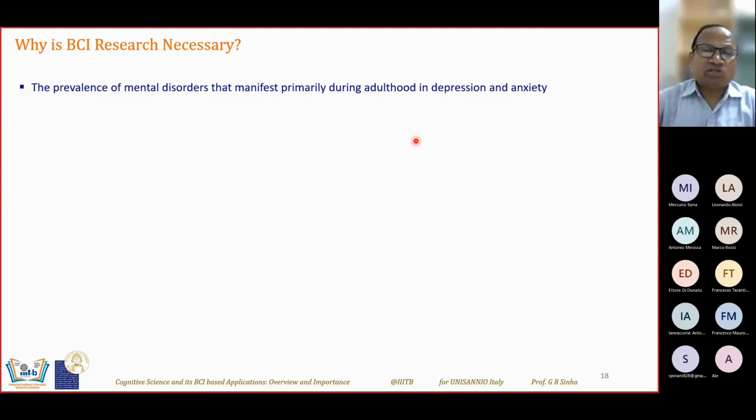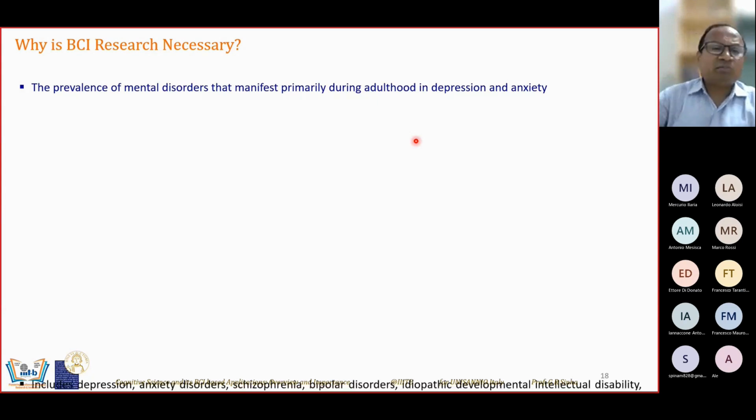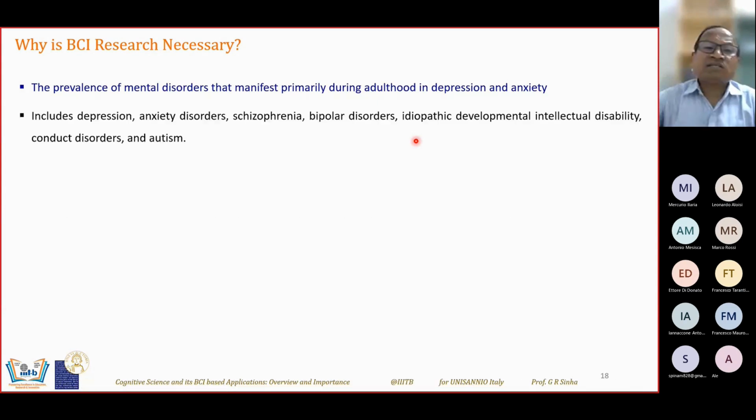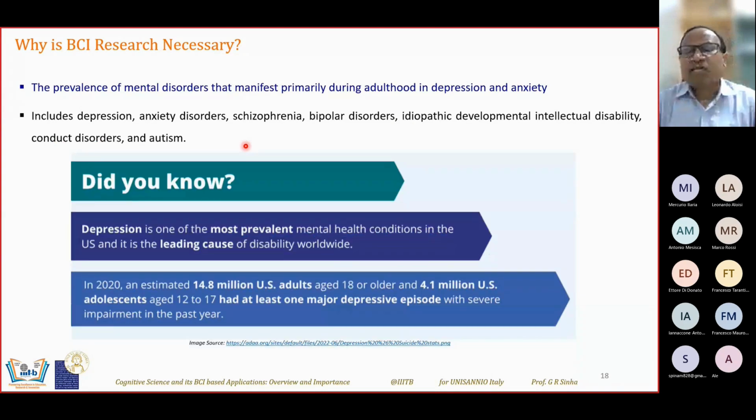Many people have lost their jobs or could not continue their education, and so on. That has caused a number of difficulties. It includes depression, anxiety disorder, schizophrenia, bipolar disorders, idiopathic developmental intellectual disability, conduct disorders, behavioral disorders, autism, et cetera. These are actually challenging things, and therefore BCI research.